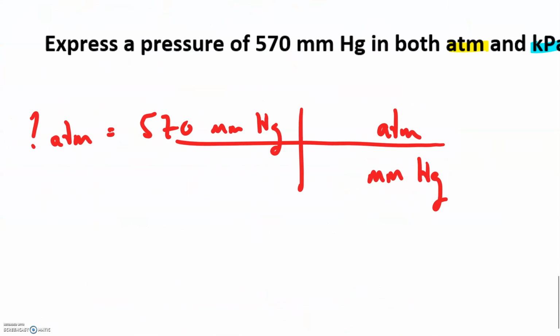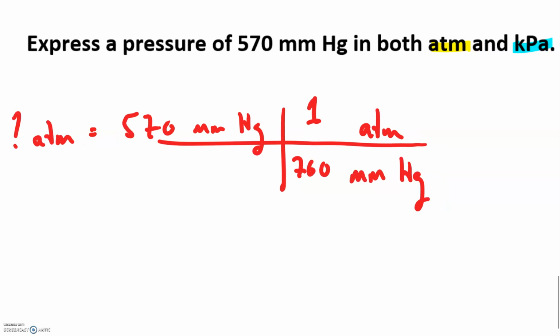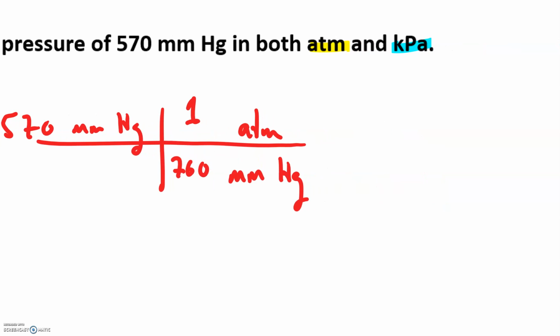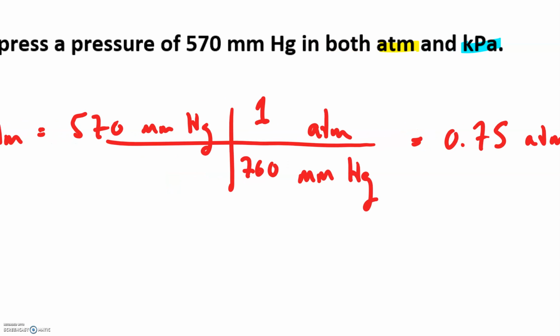We'll say that 1 atmosphere is equivalent to 760 millimeters of mercury. And hopefully you're not coming to class without a calculator. So we'll say that 570 millimeters of mercury divided by 760 is 0.75 atmospheres.